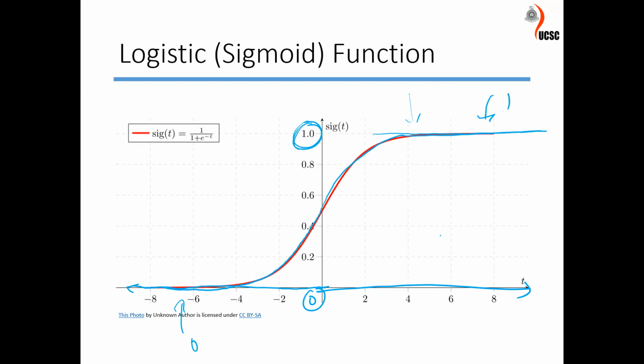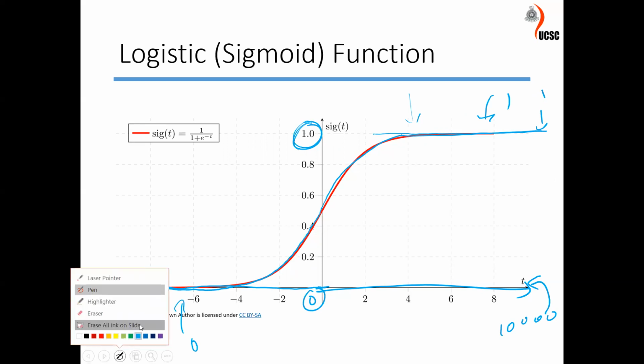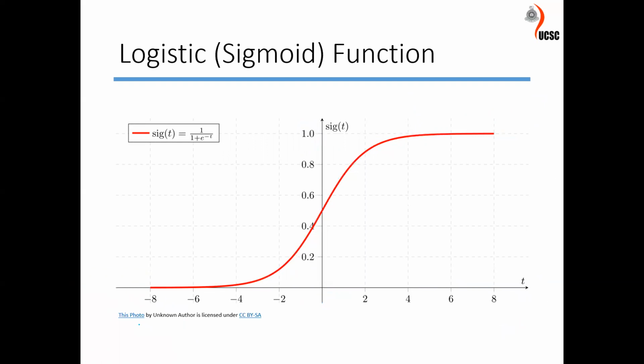Even if you put something like 10,000, the logistic function makes sure it will give the output value as 1. Clear? This is just one instance of a logistic function, the sigmoid function.